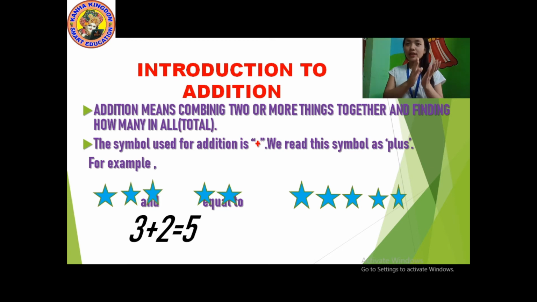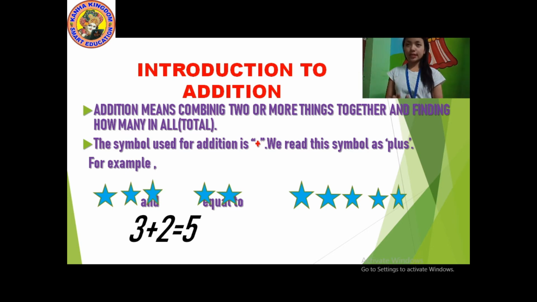Now we are combining 2 and 3 stars together, and we find how many in all. They are all 5 stars, right? So while combining 3 stars with 2 stars, we got 5 stars in all. So 3 plus 2 equals 5.